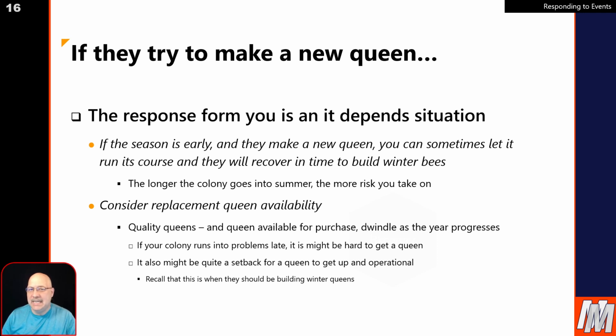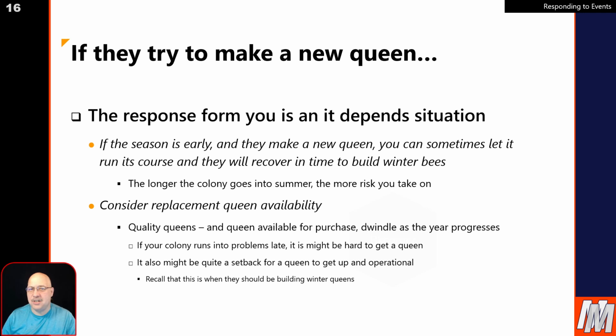However, if a queen replacement takes place during the window where bees should be producing the contingent of winter bees, that may actually end up setting the colony back if you allow the replacement to run its course. While they are mustering to right the situation, they should really be producing the winter population.